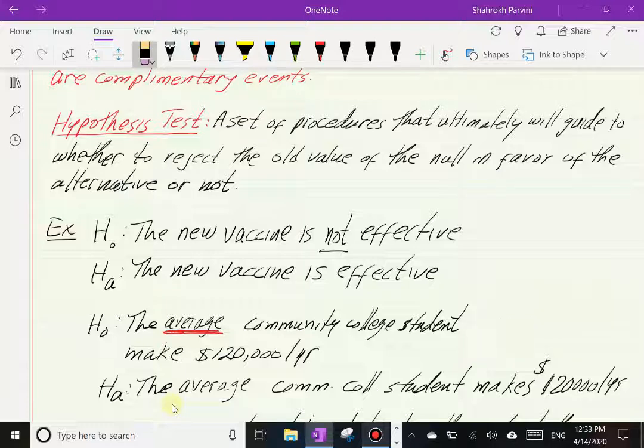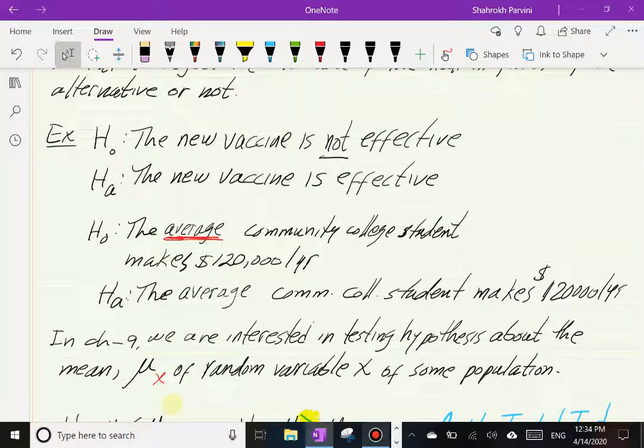Suppose I am the null, the one that's status quo. I made the comment that the average community college student makes $120,000 a year. And the alternative to that would be that the average community college student does not. See what I've done here, I switched. I made you the researcher and I made myself the status quo.